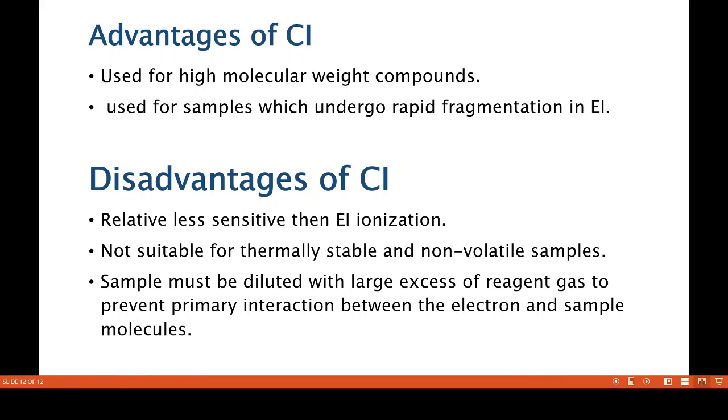Then we see the disadvantages of chemical ionization. The first disadvantage is that it is relatively less sensitive than electron ionization. The second disadvantage is that it is not suitable for thermally unstable and non-volatile samples.